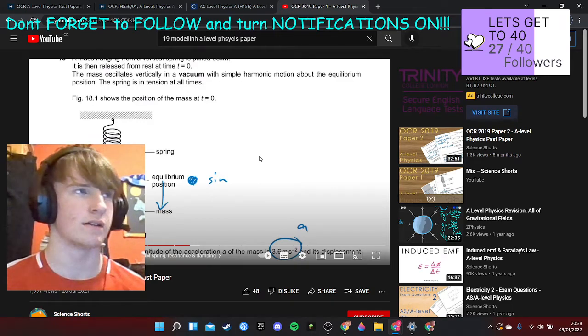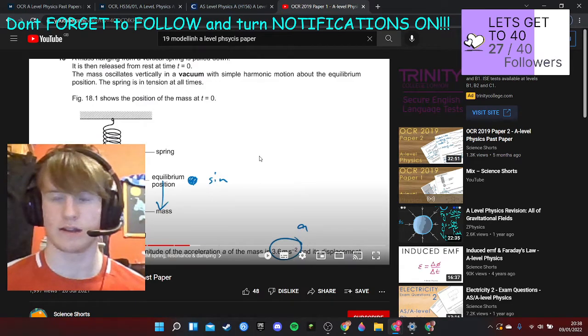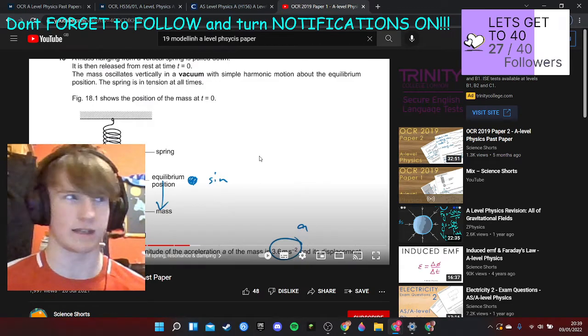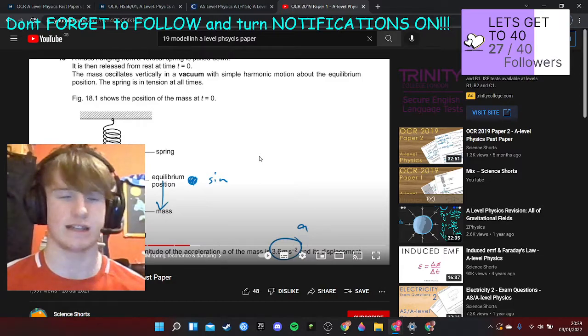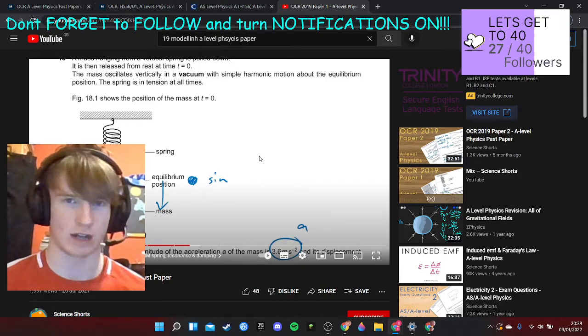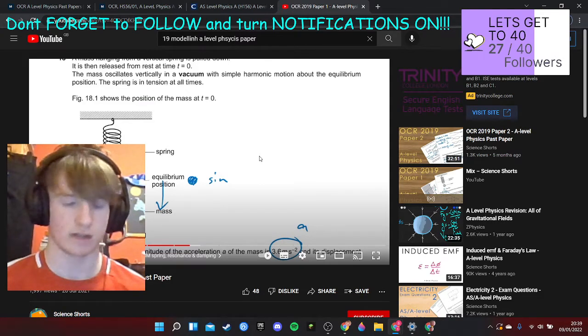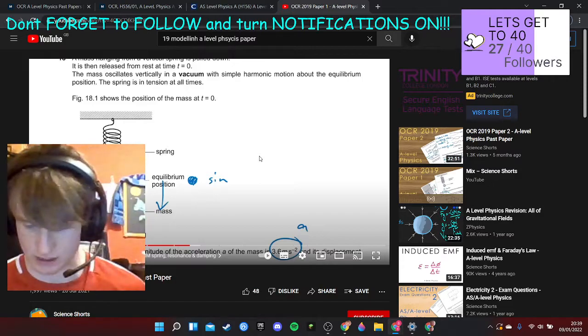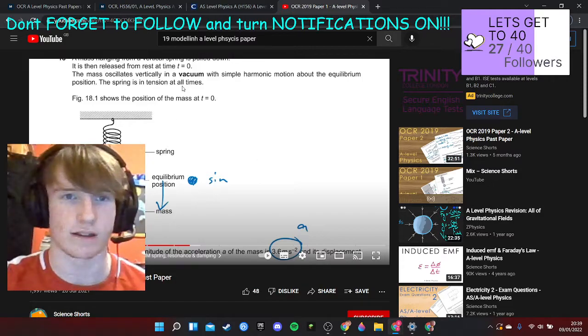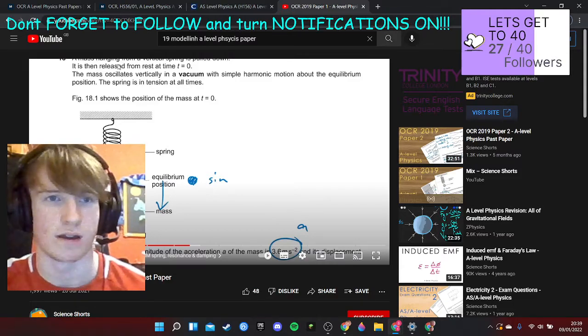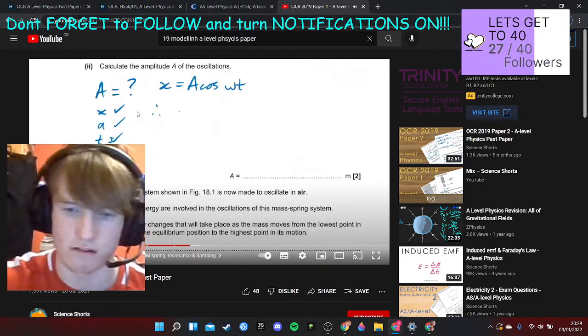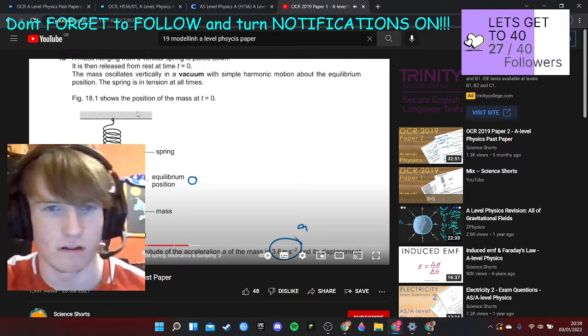If it's at equilibrium, then it's sine. And if it's not, it's cos. That makes sense. So it's cos because it says at time equals 0. Then we're going to use cos. So it's not at equilibrium.